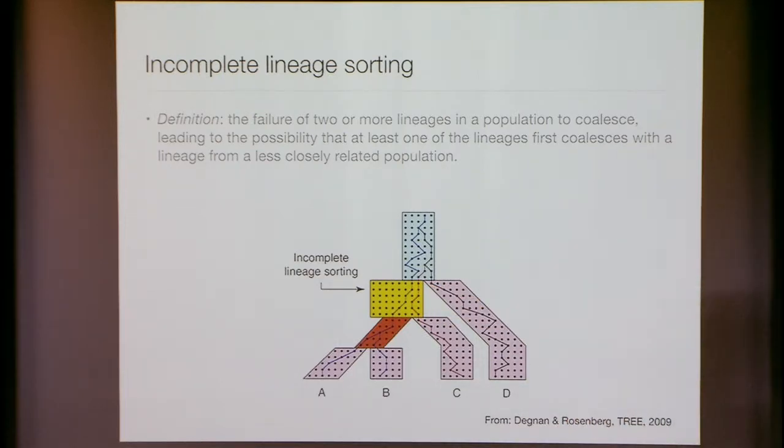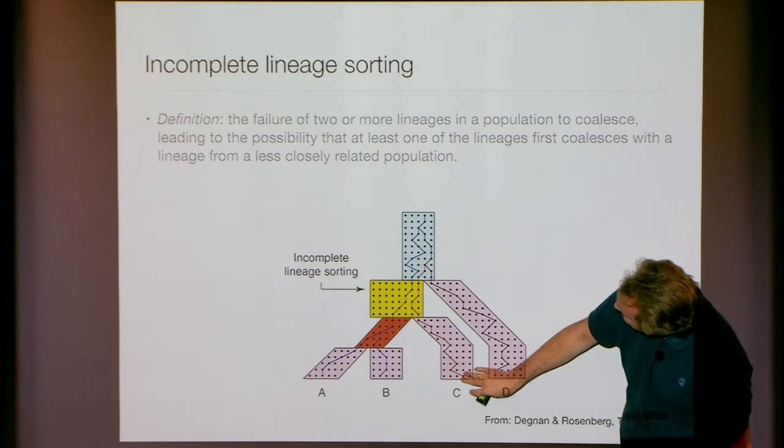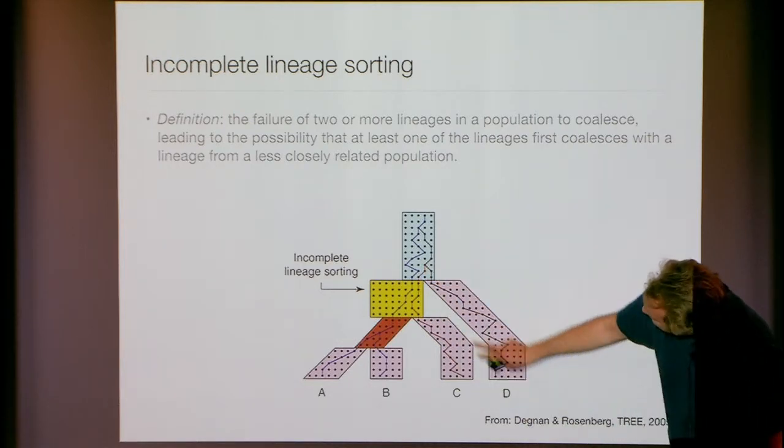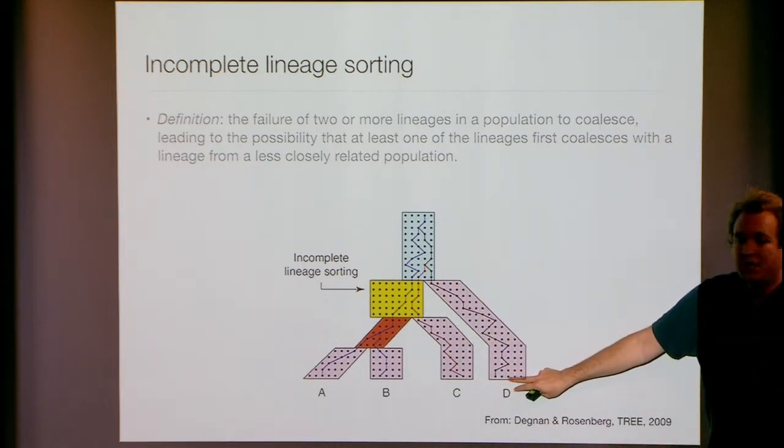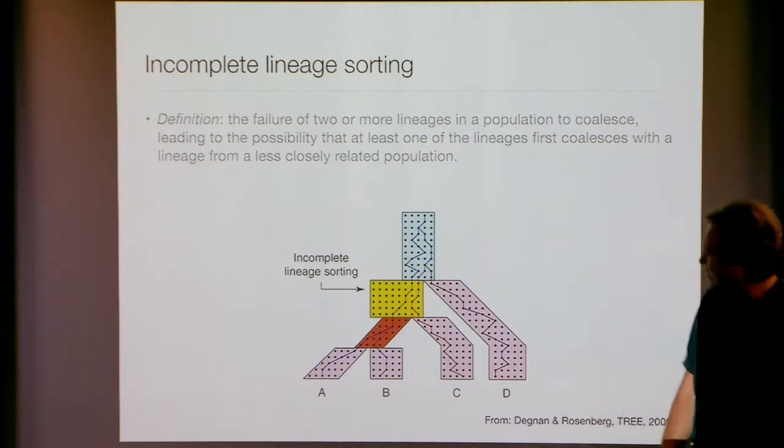And what happens in that case is that C might end up coalescing first with a more distantly related species, which is in this case D. Right?